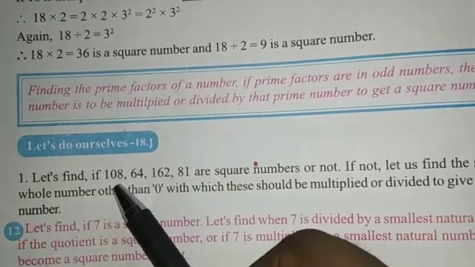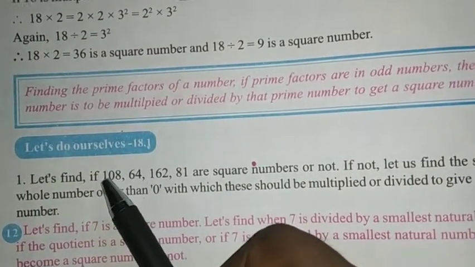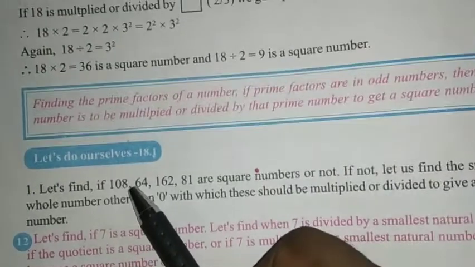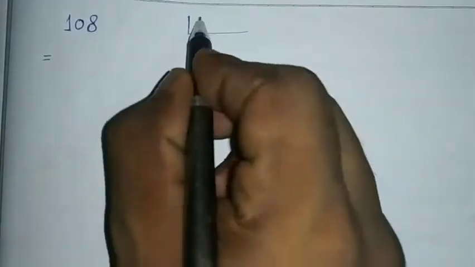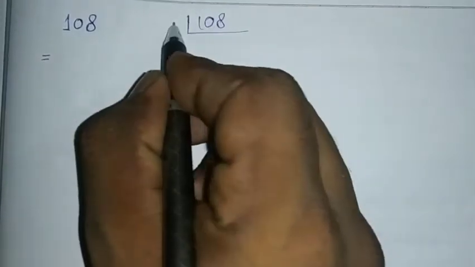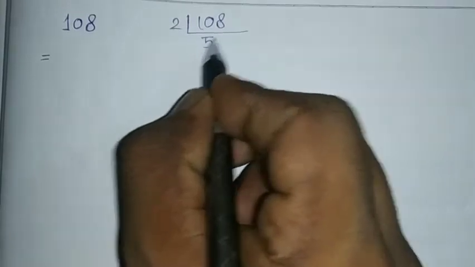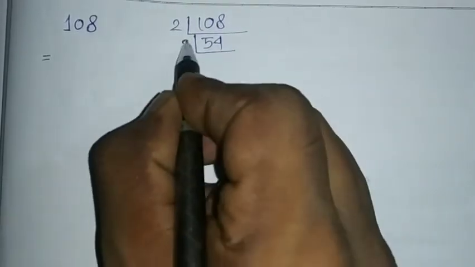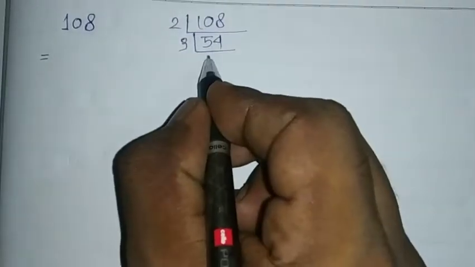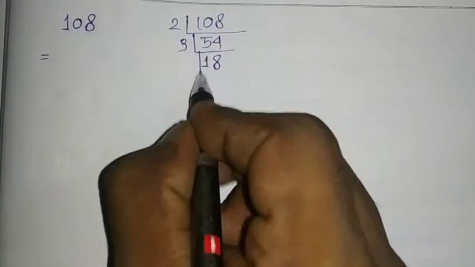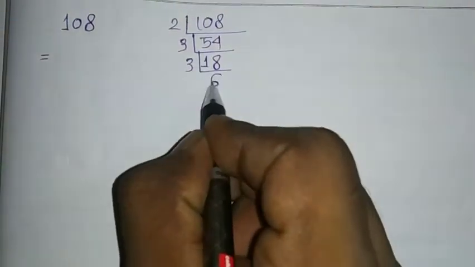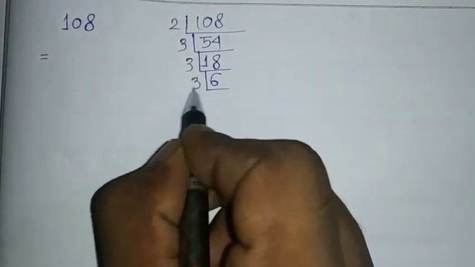I am giving the examples of 108 and 64, and all of you need to do the remaining two yourself, okay? So first find the prime factors of 108. Using 2 it will be 54, then using 3 it will be 18, again using 3 it will be 6, using 3 it will be 2.